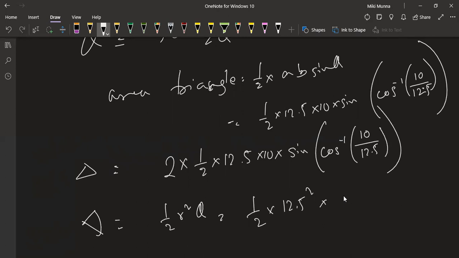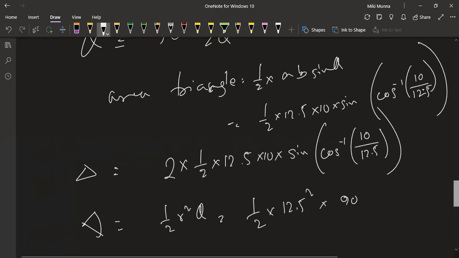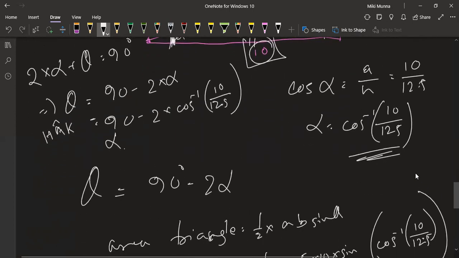Theta is, we know, 90 degrees. Oh, wait, it shouldn't be 90 degrees. We have to convert this into radians. I'm really sorry. Rather than 90, this should be 90 divided by 360 into pi, which is actually pi by 4.